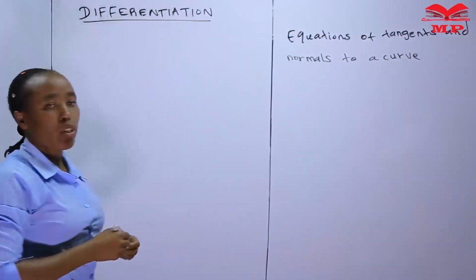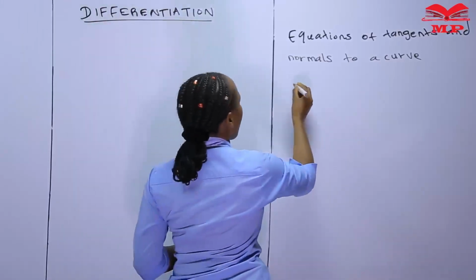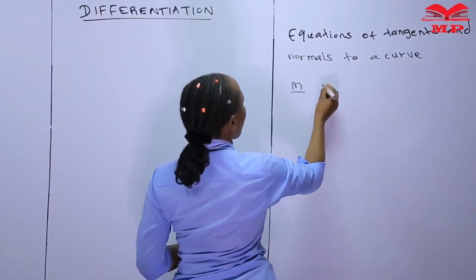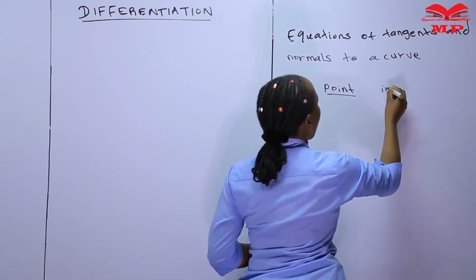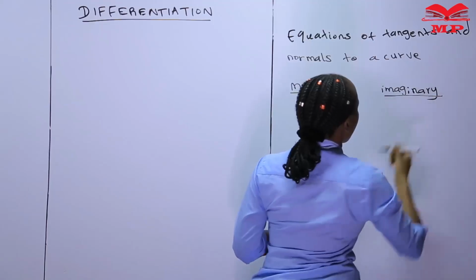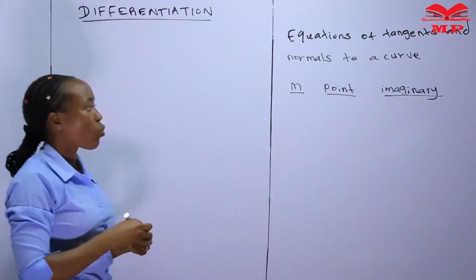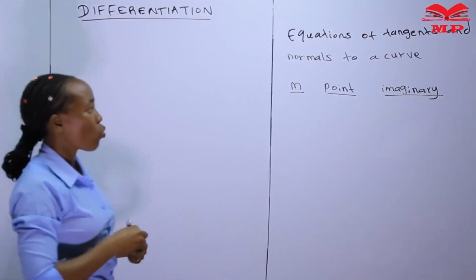To get the equations of the tangents and the normals, remember we said we require the gradient, we also require a point, and we also require an imaginary point. With this, one is able to get the equation of the tangent or of the normal to a curve.